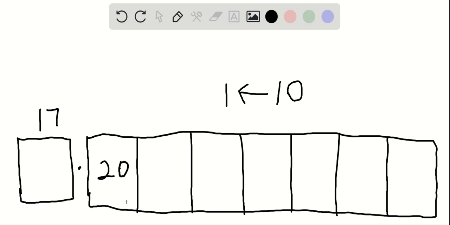Okay, well, any more groups of 11? Well, yeah, I guess just one, right? Because 11 times 1 is 11, and 11 times 2 is 22. So I only have one group of 11 here. And how many dots are left over? Well, 20 minus 11 is 9. So I have 9 dots left over in this box.